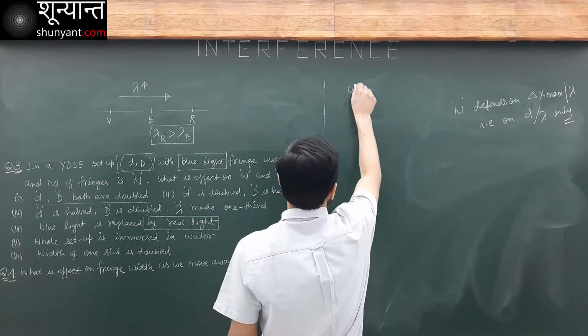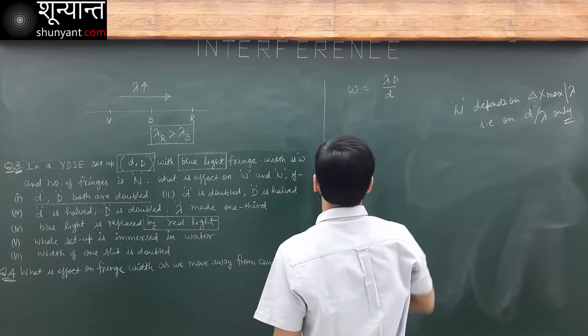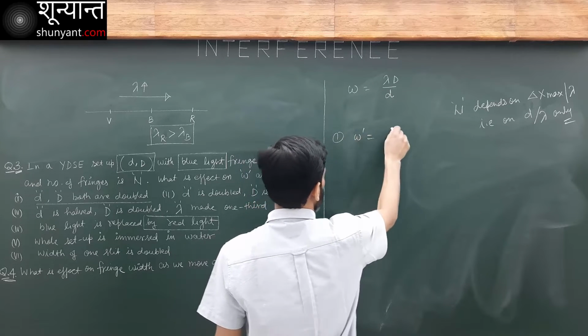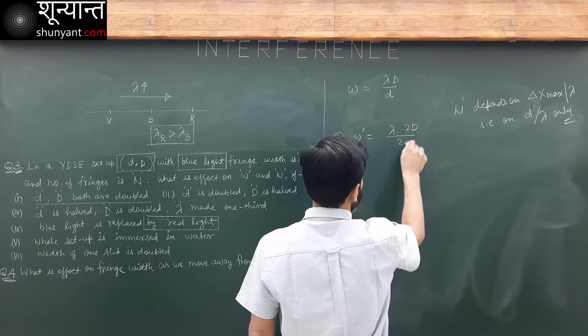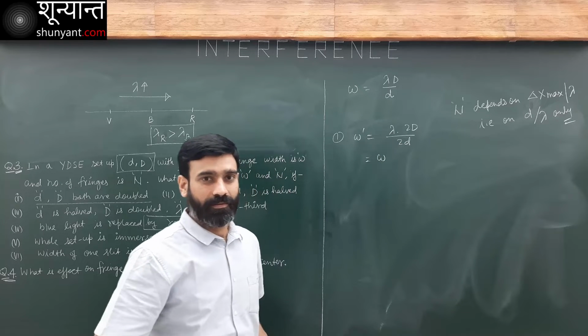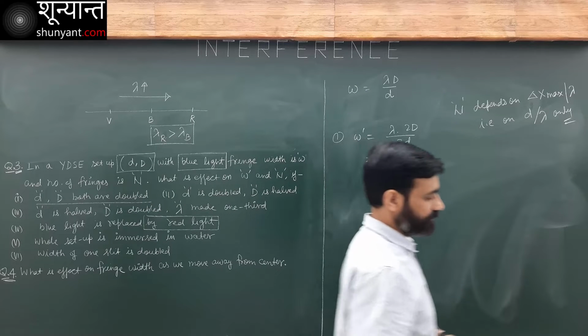Try to understand this. First let me write this. Omega is lambda capital D over small d. First, omega dash is equal to lambda, which remains constant, times 2 capital D over 2 small d. It is equal to omega. Omega does not change.